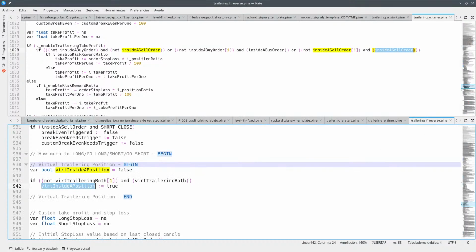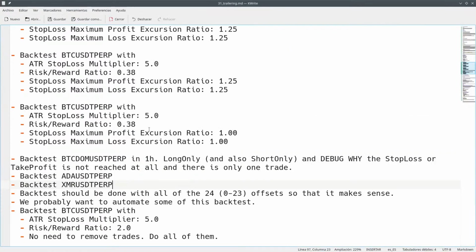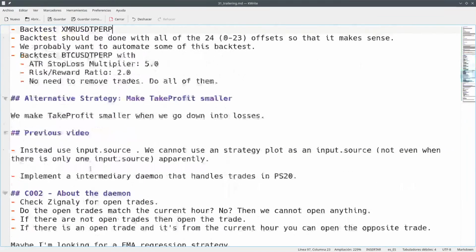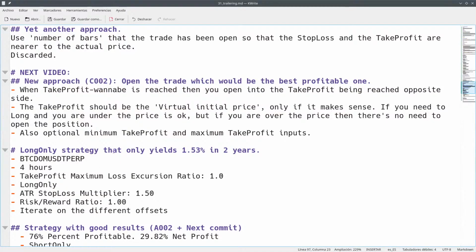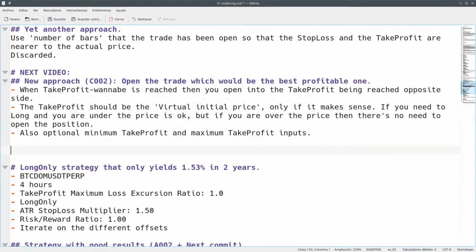Yeah, so I can go in here. So this is if reverse.